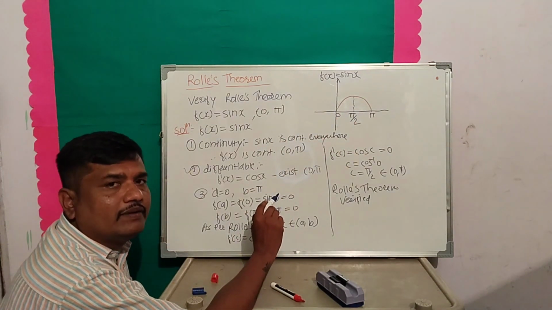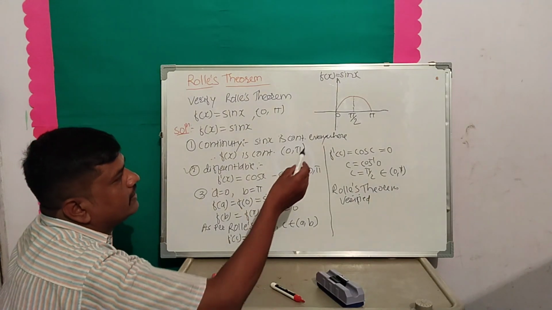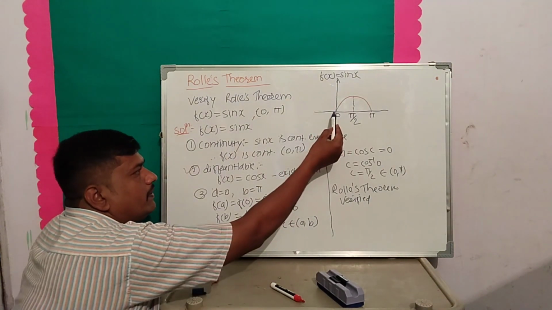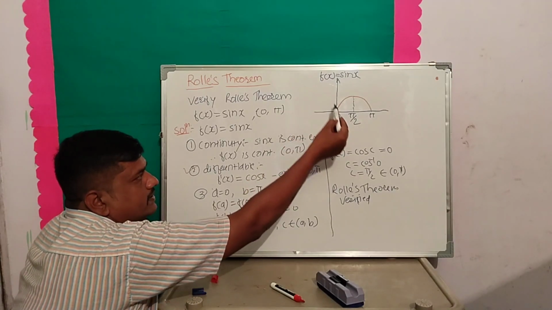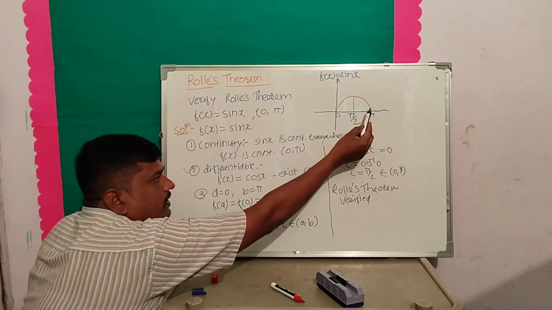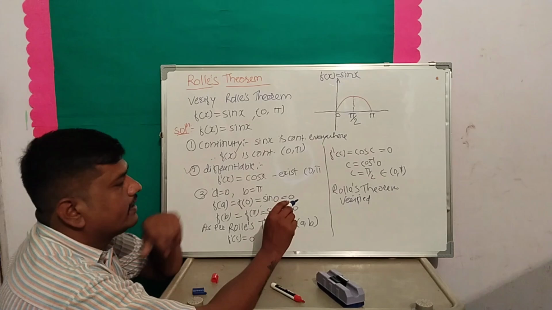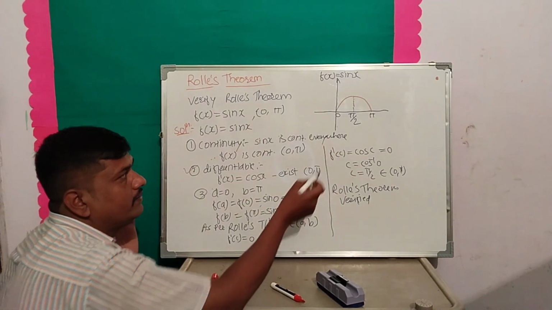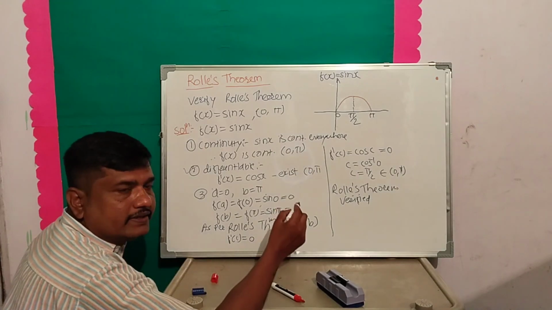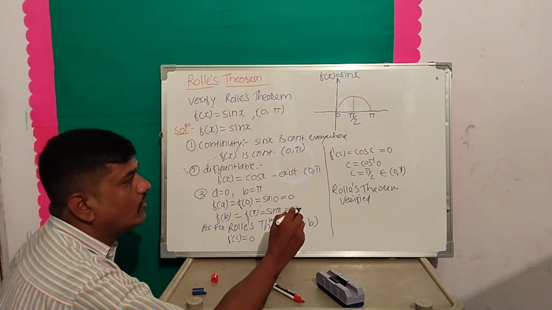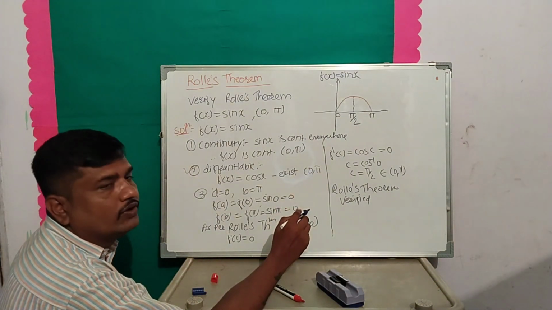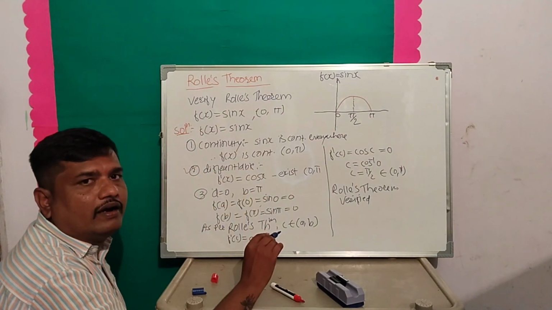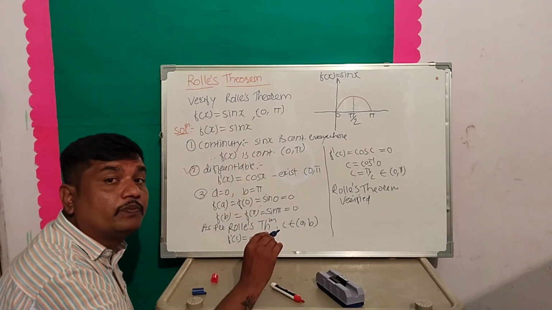So as per Rolle's theorem, if any curve is continuous and differentiable, and if f of a and f of b, that is the sine value, are 0 and 0 here, then there must be at least one point between 0 and pi such that the derivative, or the tangent to this curve at that particular point, has slope equal to 0.